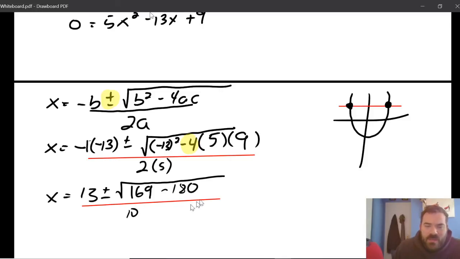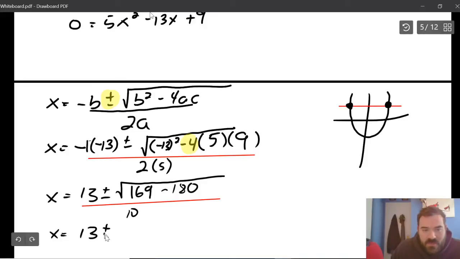Okay, the radical sign is sort of like a bracket, so I'm going to continue working with what's in here. So I have 169 minus 180, so that's going to give me a negative 11. So x is equal to 13 plus or minus the square root of negative 11 over 10.